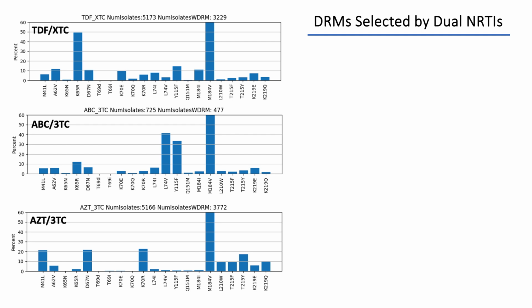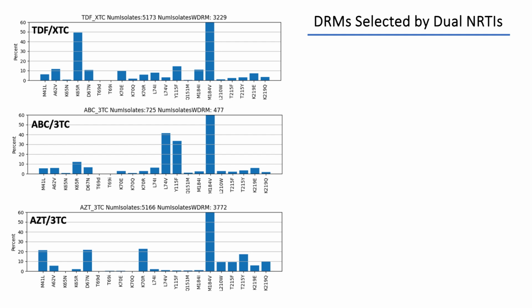These figures show the prevalence of 21 of the most common NRTI resistance mutations in patients receiving TDF-XTC, abacavir 3TC, and AZT 3TC.